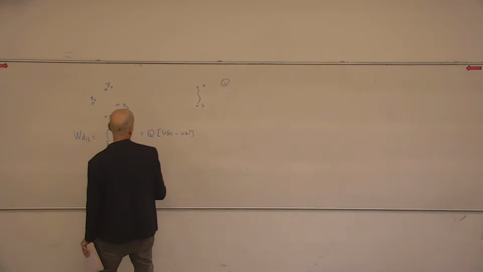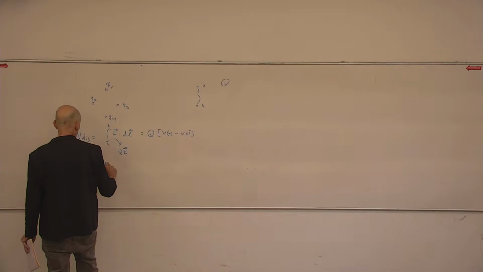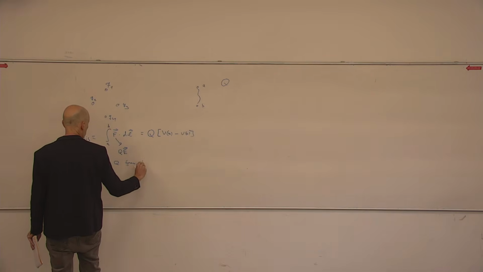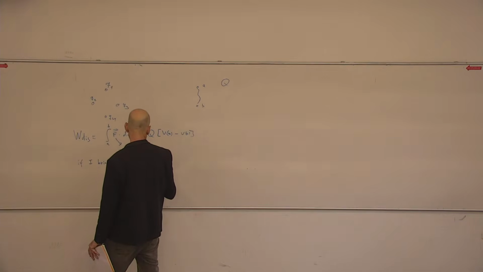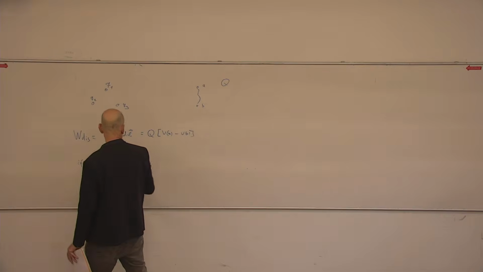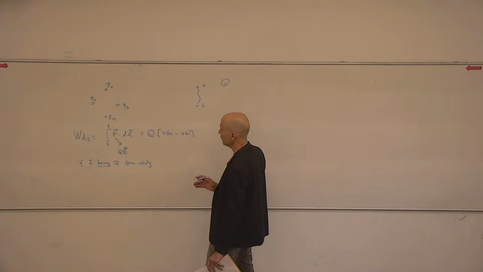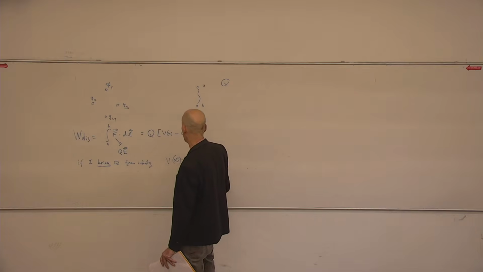Usually, okay, if I bring Q from infinity, the word bring, if you can catch me, maybe it's a lie. If I bring Q from infinity, and I usually will have V infinity equals 0, that's just a notation.